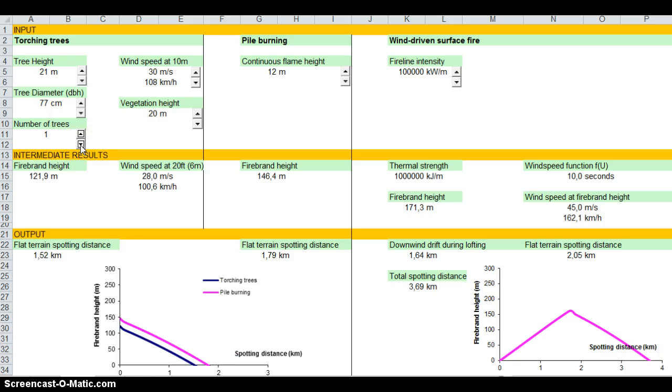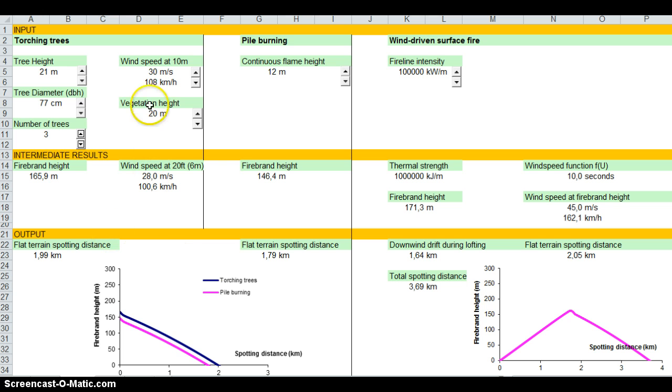If you have just one tree burning, it will go a little bit above 100 meters height, but it will go 1.5 kilometers of spotting distance. If you go from one tree to three trees burning at the same time, the spotting distance could be up to 2 kilometers. So this makes a difference.